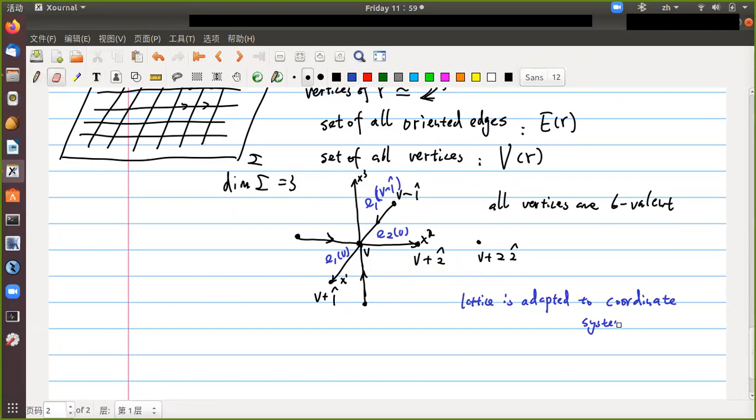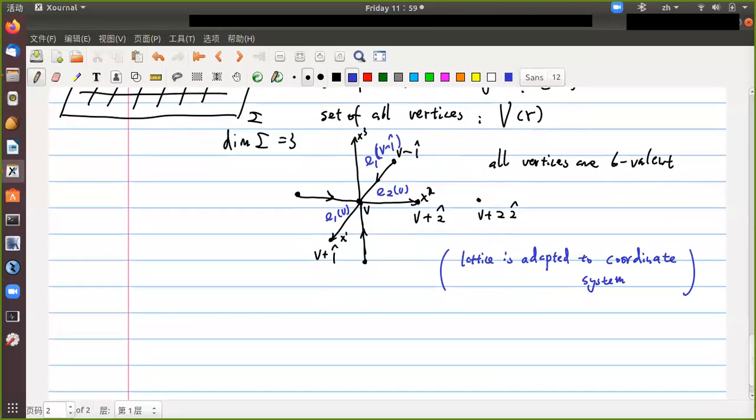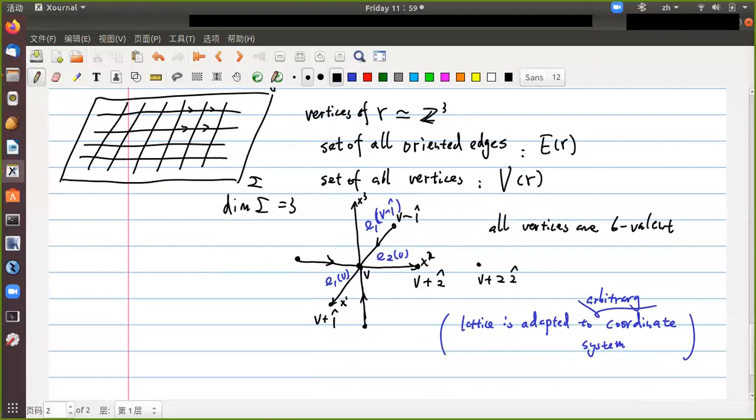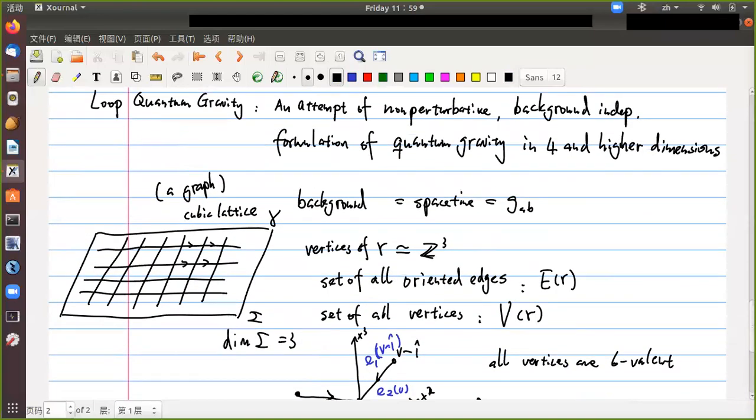Now, you just choose an arbitrary lattice. All right. So then, once we build this lattice, we are going to discretize all the dynamical variables.